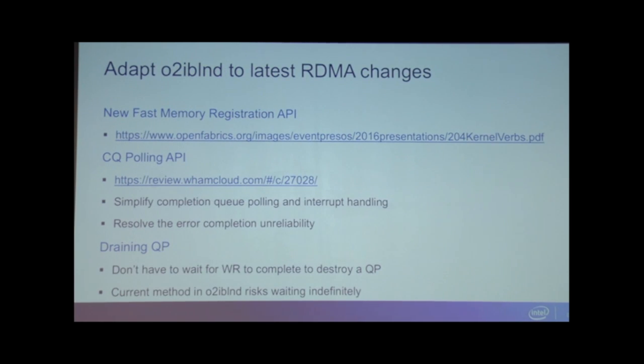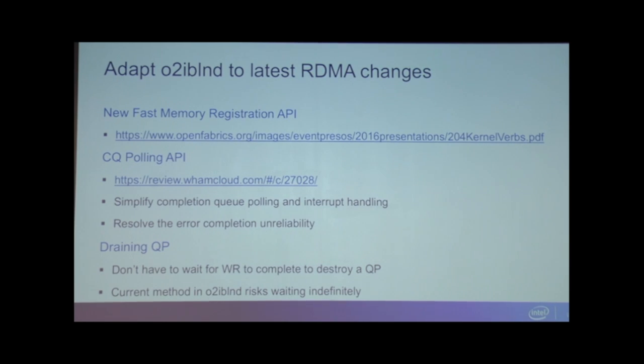Another thing, and now we're getting to the point where there's a bunch of features that are a little bit farther ahead. Hence, there is no release number associated with it. So there's a bunch of auto-IBLND RDMA changes that we need to do. One of them is there's a new fast reg memory API that Mellanox has put out there.